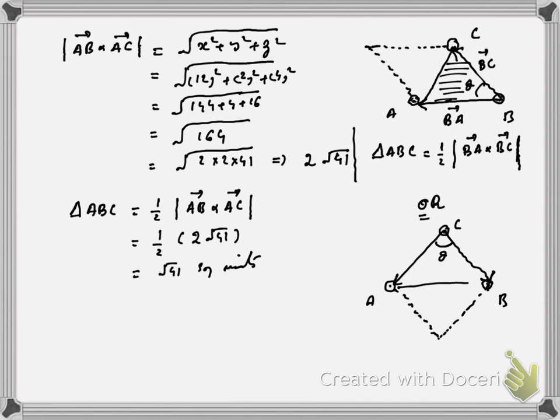Again we can find area of triangle ABC by using this formula. Area of triangle ABC is equal to half of area of parallelogram formed by CA and CB. It is CA vector cross CB vector.